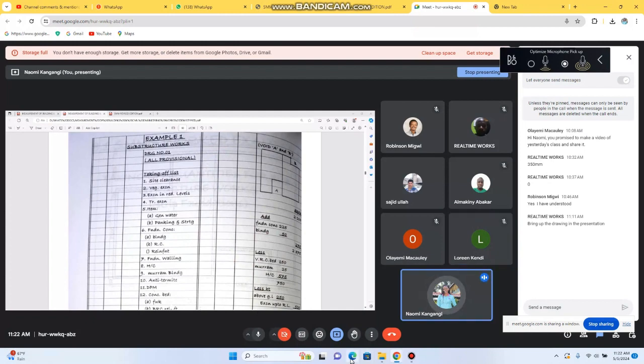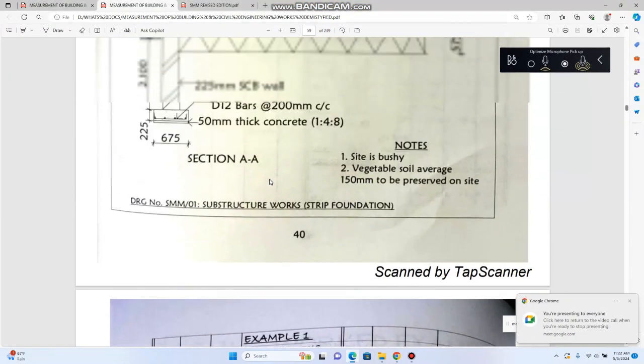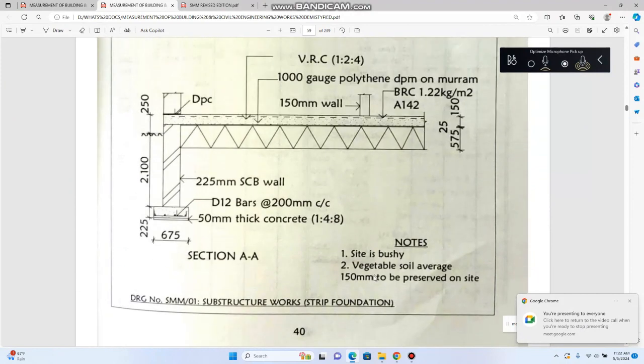You see, in a question like this one, in the notes, if you're told to add working space amounting to 1,000 millimeters, that is where you add to the area of the site clearance.